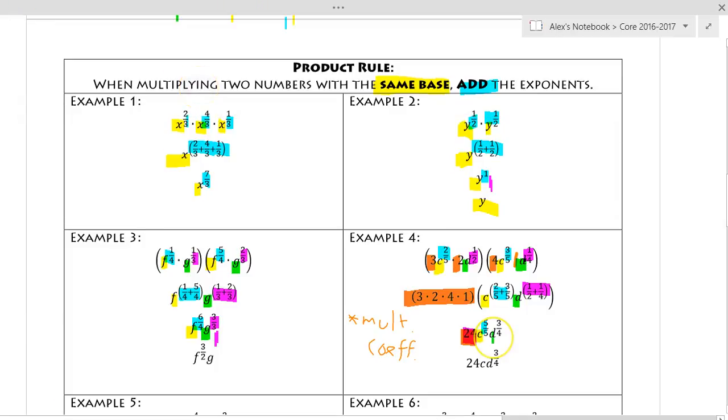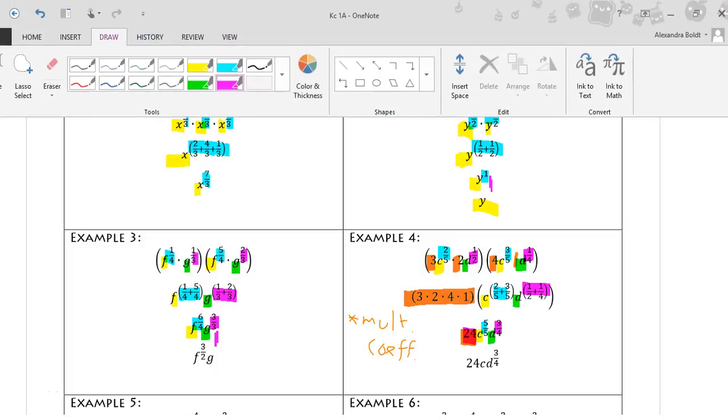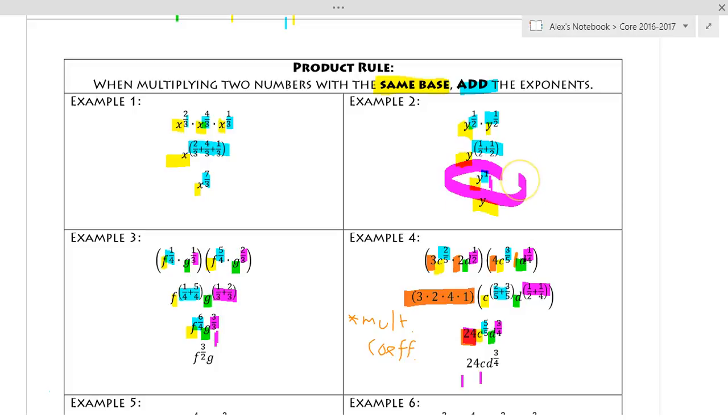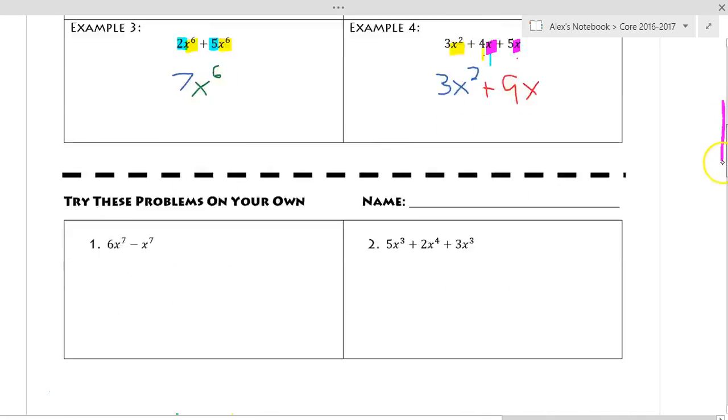I still have that same base. 1/2 plus 1/4 is 3/4. So then 24, 5 over 5 is really just 1. So that's really the only thing that changed. That c is just to the first power, and just like we did up there, you don't have to write that 1 next to it. It's really just c. We're going to look at 2 more examples today.